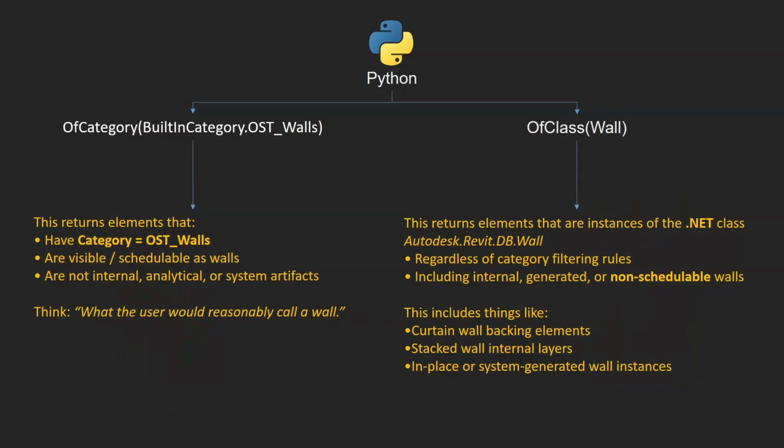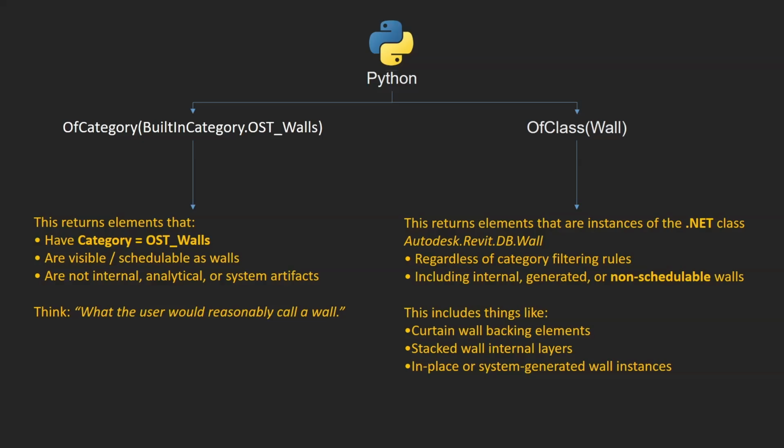Having said this, the OfCategory method returns elements that have category equal to OST_Walls or other categories, are visible, schedulable as walls, and are not internal, analytical, or system artifacts. It answers the question of what the user would reasonably call a wall or other category. That's the example here.